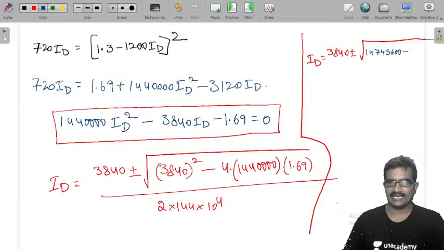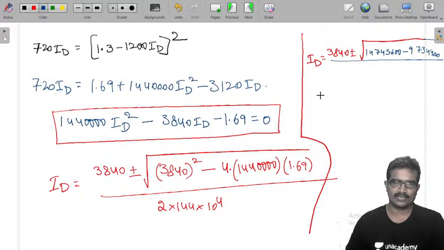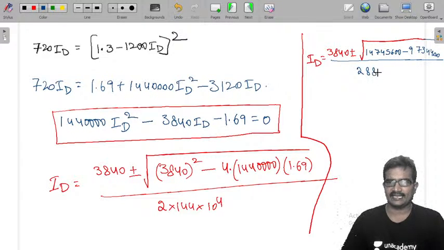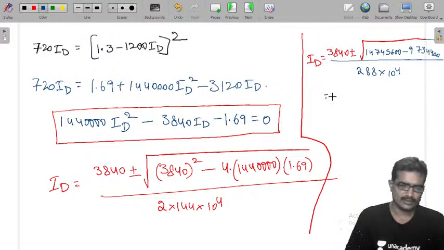That is 9734400 divided by 288 into 10 power 4, minus 1474560, and it is the square root of that.